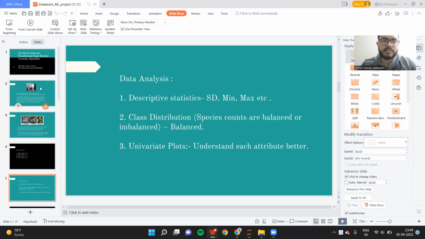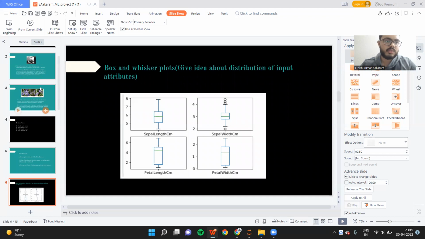We have taken enough data to train our models and enough data to test the model so that we can get an appreciable result. And we have taken a lot of attributes in them.